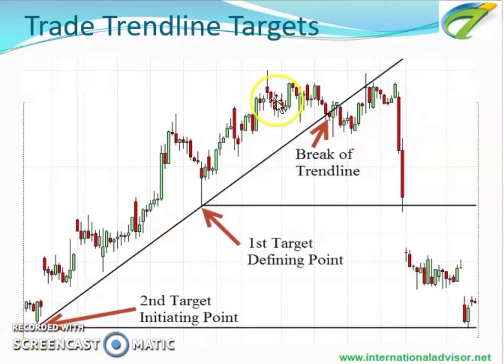Remember, all the examples we are using of the charts are real time, so it gives you more confidence, and you can draw them in live mode as well to see this. So upon breakage of this trend line, we saw these two targets are met. As we discussed, these are built-in targets once the trend line is broken.